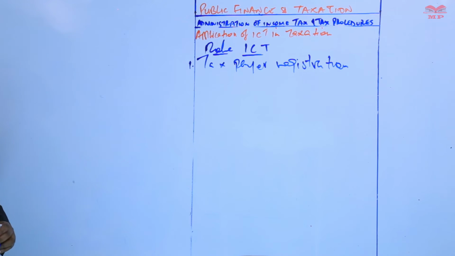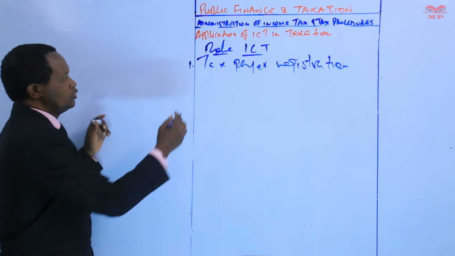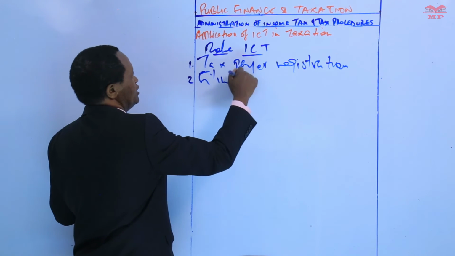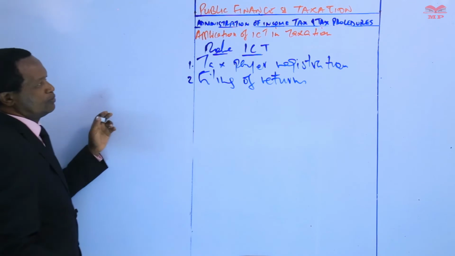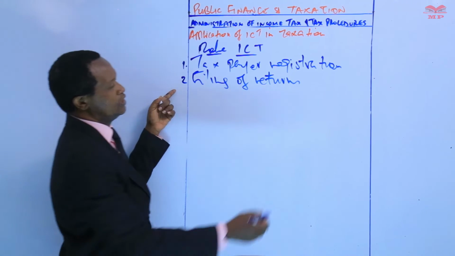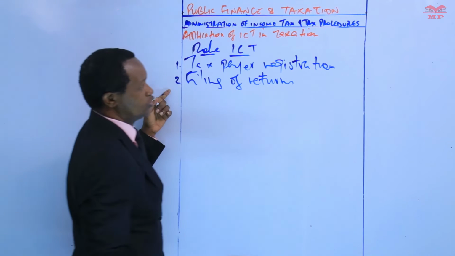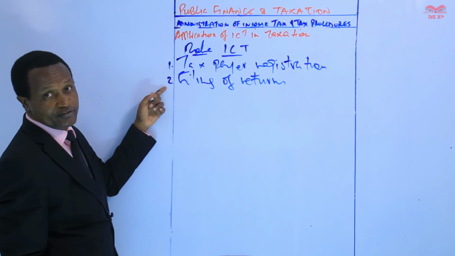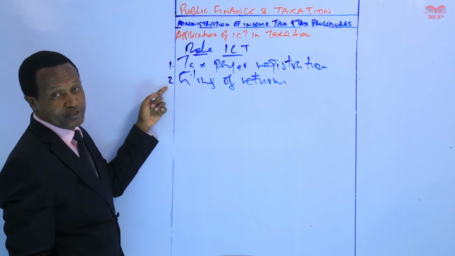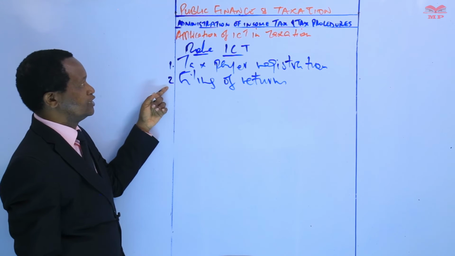Personal identification number is now done online via iTax. That's the first role of ICT in KRA taxation. Taxpayers are no longer required to go physically to KRA offices to do registration. That can be done via the iTax platform. It is done online, and that is one application.